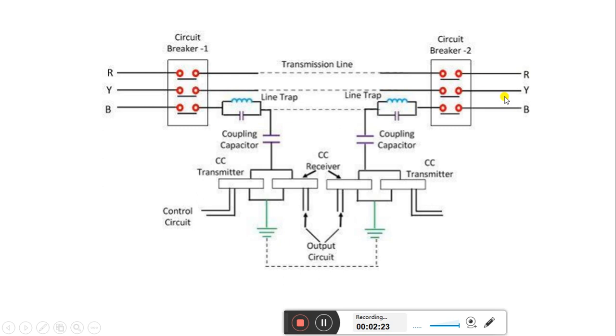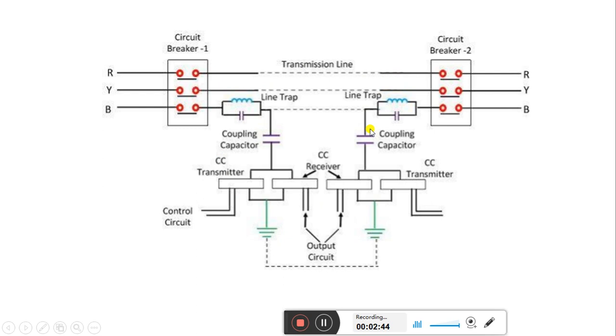So the area which we are going to protect in the transmission line system is between circuit breaker 1 and circuit breaker 2. These three-phase lines are what we are going to protect with the carrier current protection scheme.